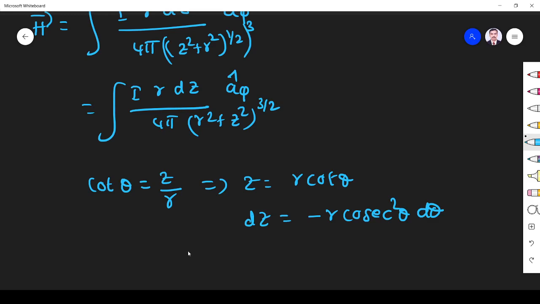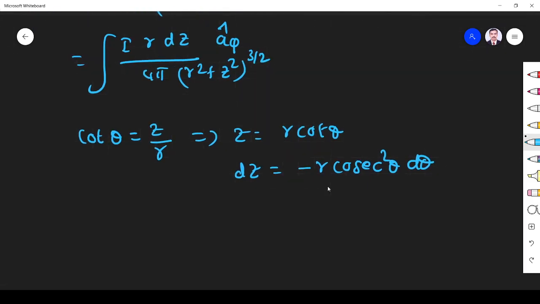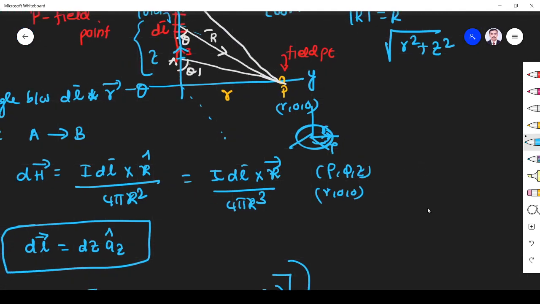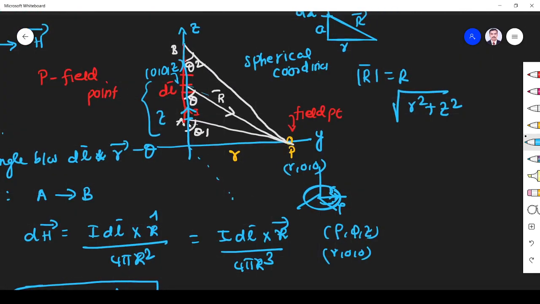Next we substitute here. So what is that? Minus I by 4 pi is constant. I is a constant, 4 pi is a constant. Where is the angle? Angle goes from theta 1 to theta 2. Why? We have to integrate with respect to theta from theta 1 to theta 2 because we have to see from A to B. So what is the angle here?